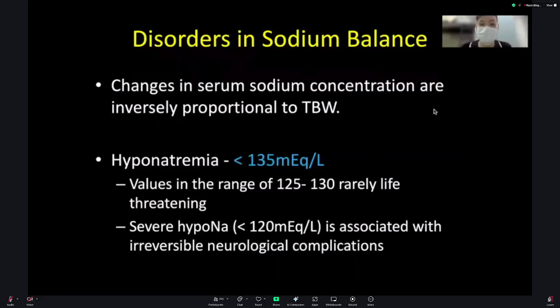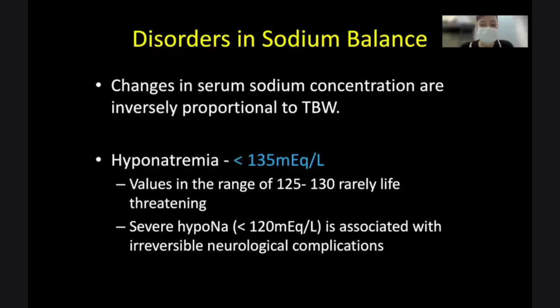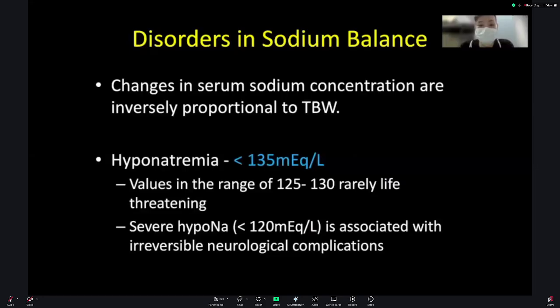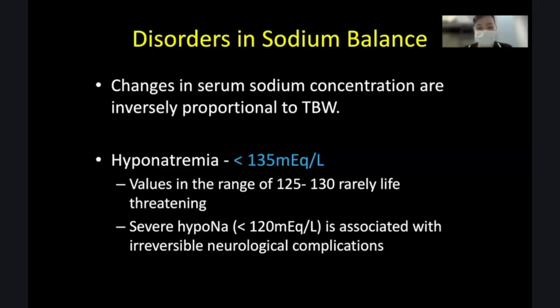So now we talk about disorders in sodium balance. These are changes in serum sodium concentration that is inversely proportional to the total body water. By definition, hyponatremia is having less than 135 mEq per liter.